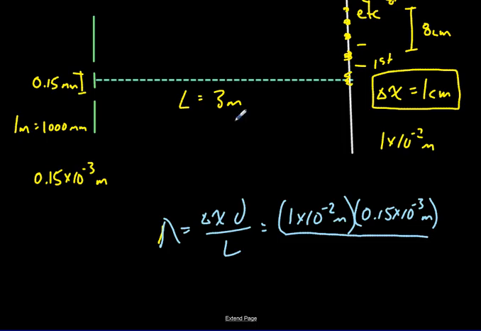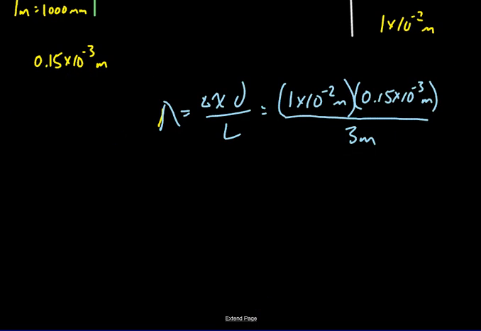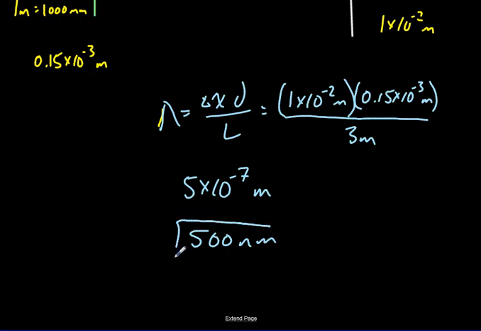And the length is 3 meters. So let's sort out the wavelength. By my math, we should get 5 times 10 to the negative 7 meters. Okay? Or if you want, about 500 nanometers. You can do that conversion if you want.